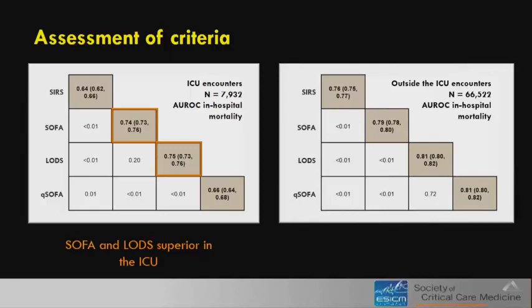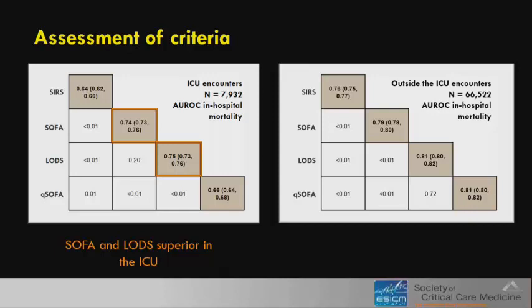Outside the ICU, both the SOFA, the logistic dysfunction score, but also the quick SOFA are better than SIRS and equivalent.